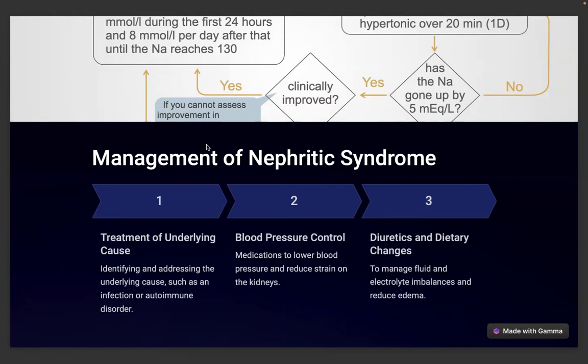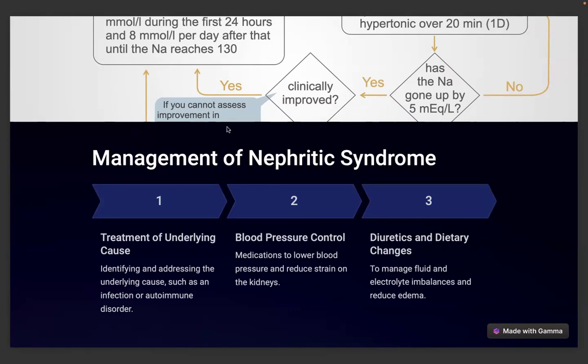We need diuretics and dietary changes to manage the fluid and electrolyte imbalances and reduce the edema. What diuretics literally do is increase the urine output, or increase excretion. So excretion of what? We said earlier that in nephritic syndrome, the patient has sodium and water retention. So we need to excrete this excess salt and excess water, so we use diuretics.